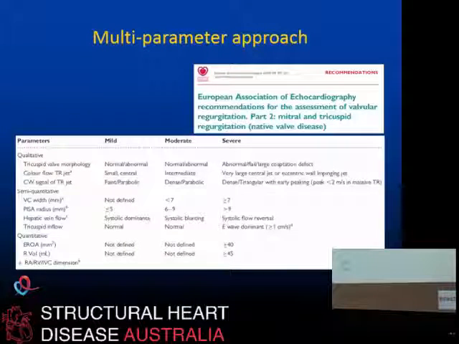Put together, these multimodality, qualitative, semi-quantitative and quantitative methodologies can build up a picture of the severity of tricuspid valve dysfunction.